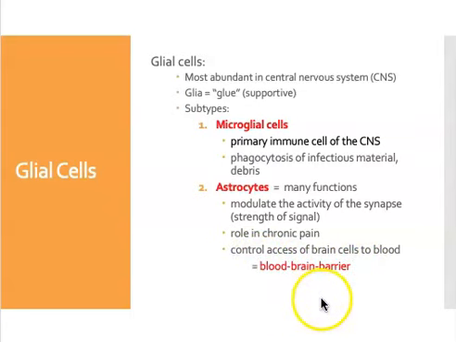As the name suggests, this is a physical barrier that prevents things from coming out of the blood and gaining immediate access to cells in the brain. This is a protective barrier, and it is made up of astrocytes that are side by side surrounding the brain. The astrocytes carefully control what things can get into and access to the brain.